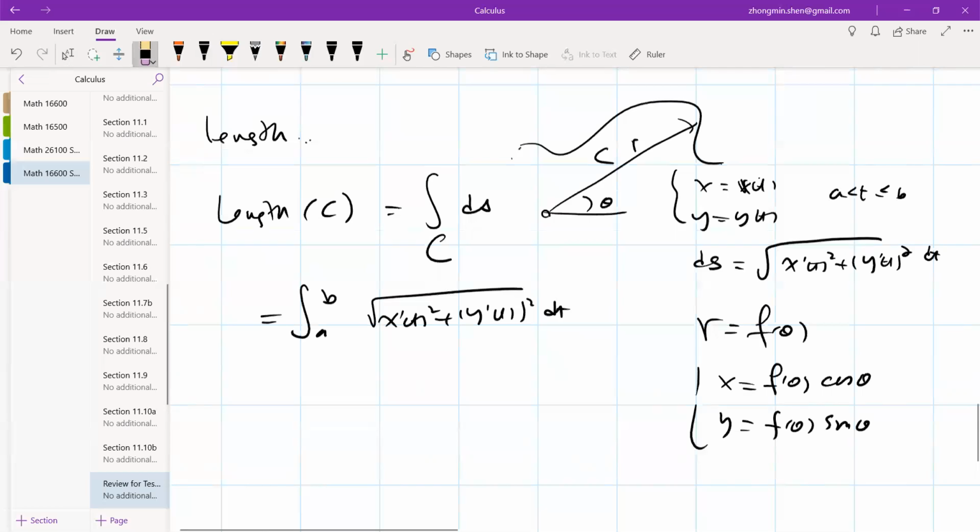In some books they don't use f, because for simplicity, I'm going to just use r, r of theta.